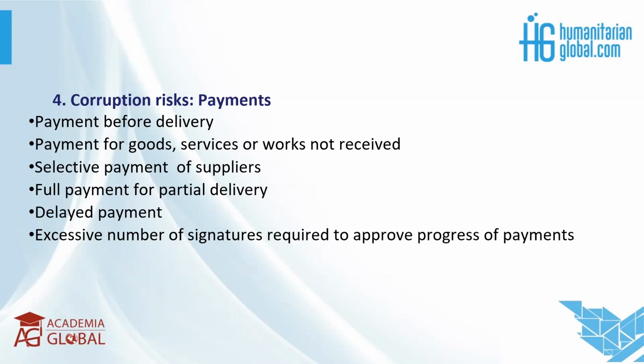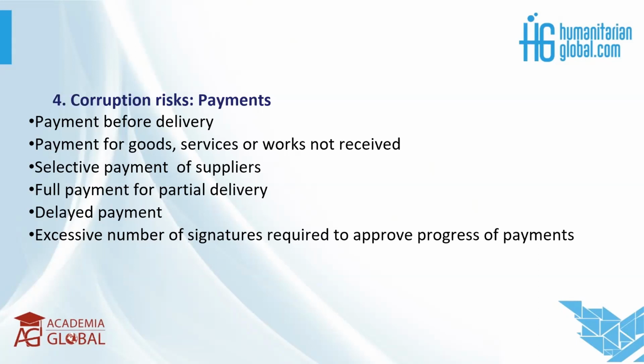The other one is excessive number of signatures required to approve progress of payments. There's a two-way look into this. So one, when we have an excessive number of signatures, it might mean that everyone who is signing that invoice is involved. They just want to know, yeah, this is about the time when I'm about to get my cut of share from this invoice.